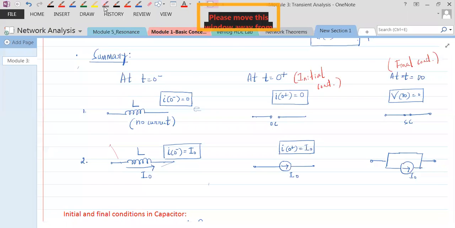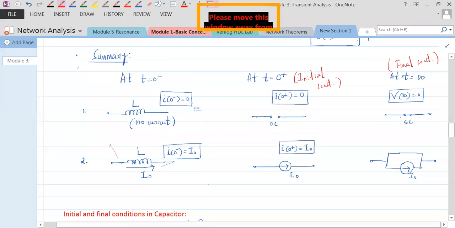This is steady state. At t equal to infinity, this is the steady state condition. In steady state, L is realized by a short circuit.